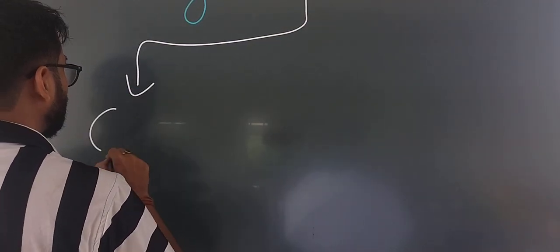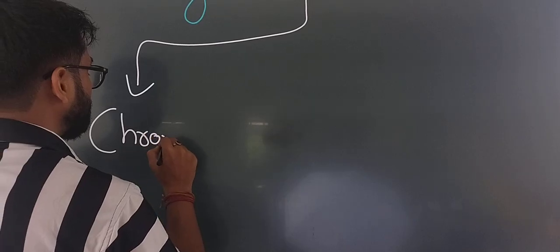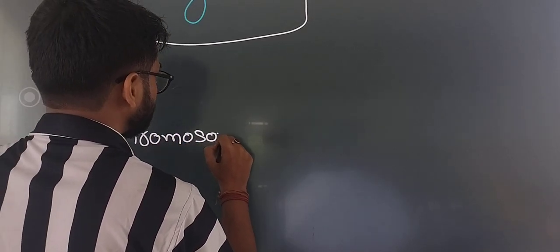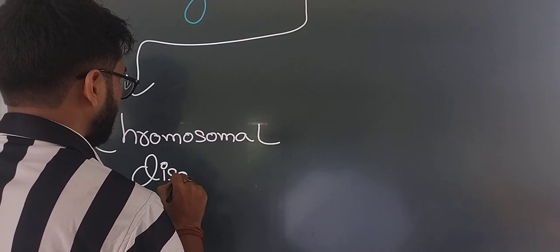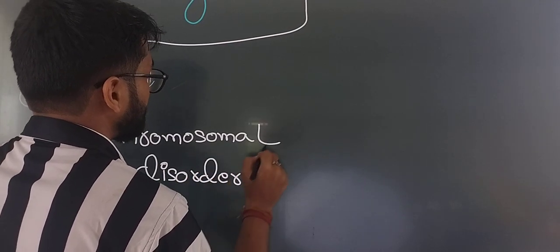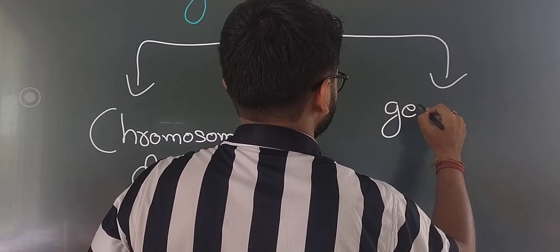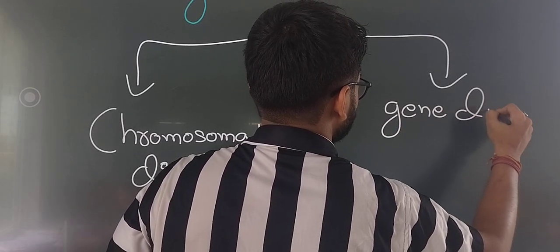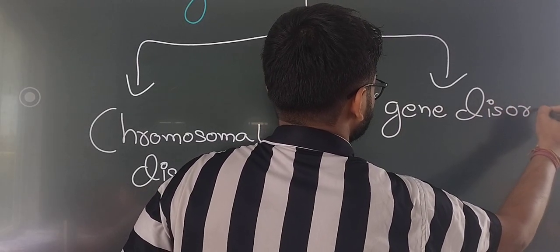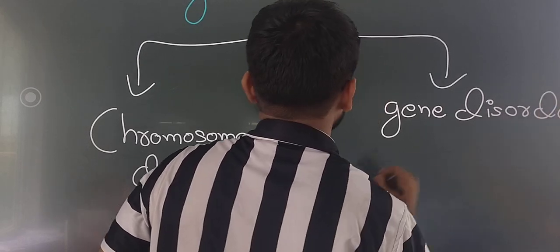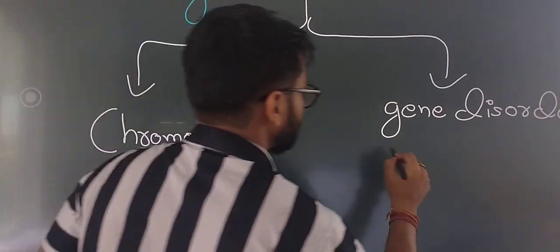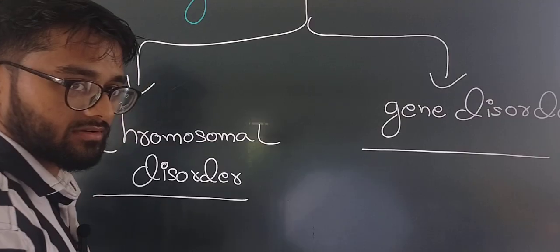One is the chromosomal disorder and the second one is the gene disorder.